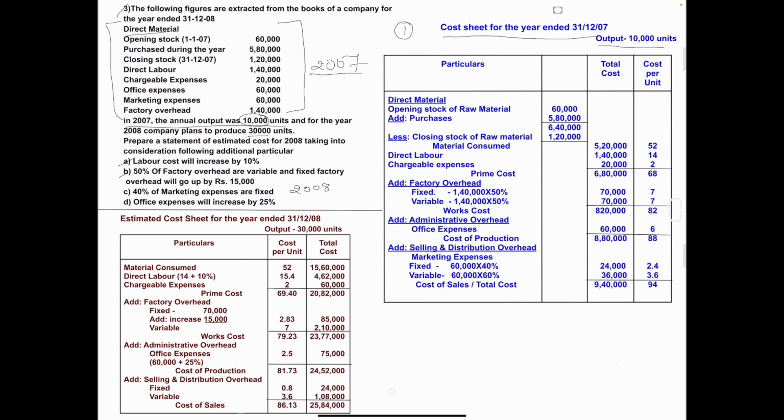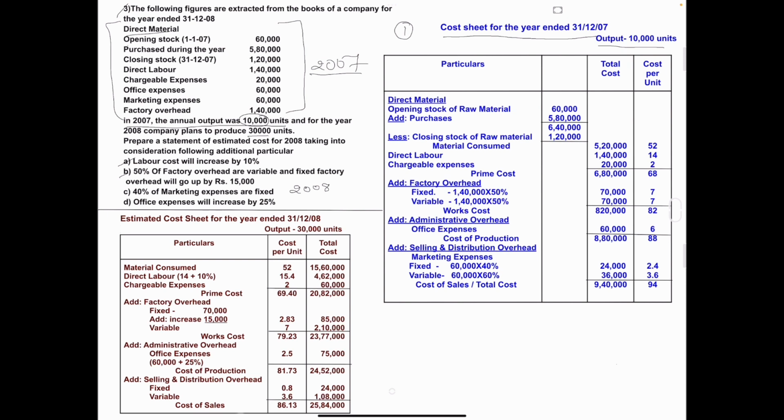First we have to take direct material. The format of the cost sheet I have already uploaded. Please check on my channel Avanit Academy. Direct material, in that we have to take opening stock of raw material, add purchases and less closing stock of raw material.